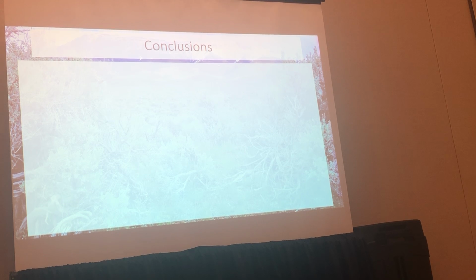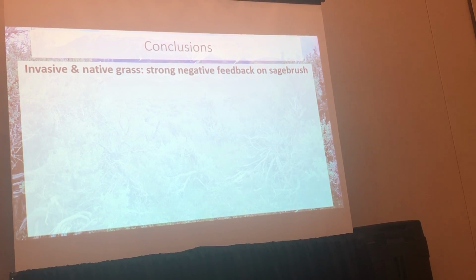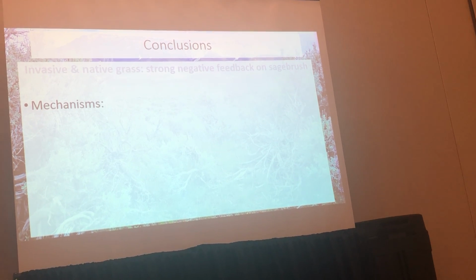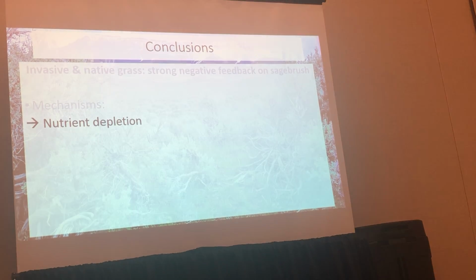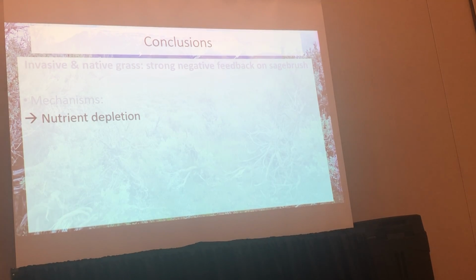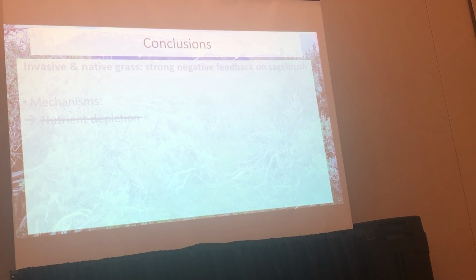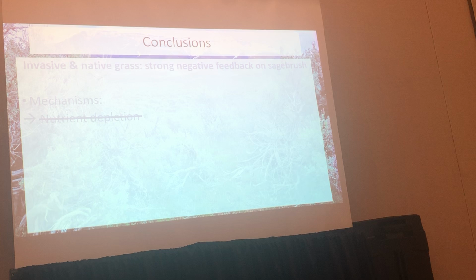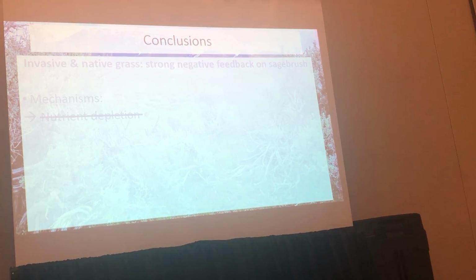So my conclusions here: the invasive and the native grass both have strong negative feedback on sagebrush. The mechanisms I looked at, nutrient depletion, of course it's just nitrogen and phosphorus, but those are really important nutrients. And I didn't find anything. Could be other nutrients, certainly, micronutrients or potassium.